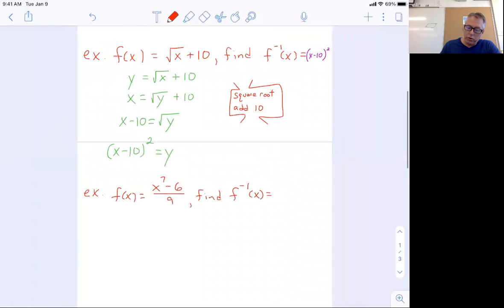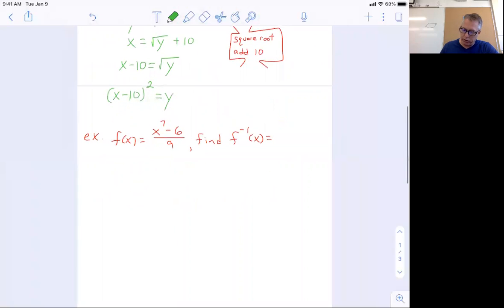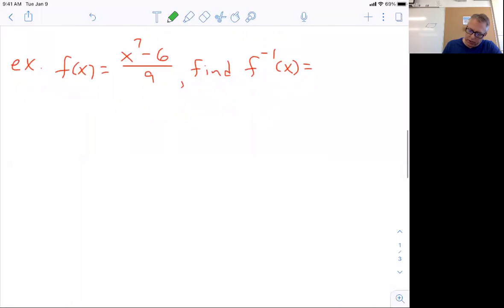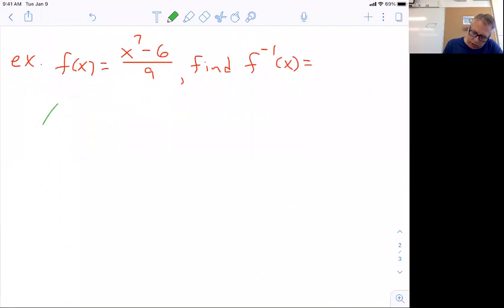All right, I'll do the green method first. Okay, but you don't have to do this. You could skip this totally if you wanted to and just look at it like this. But I think some of you might like that. So I'm going to write it as y equals x to the 7th minus 6 over 9.